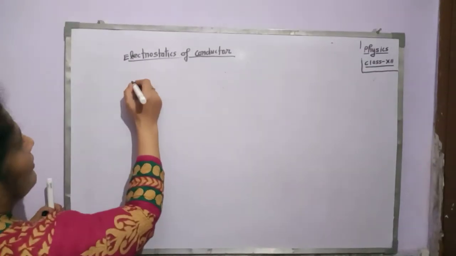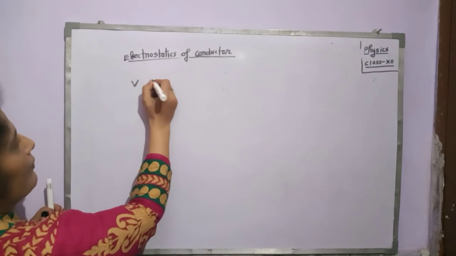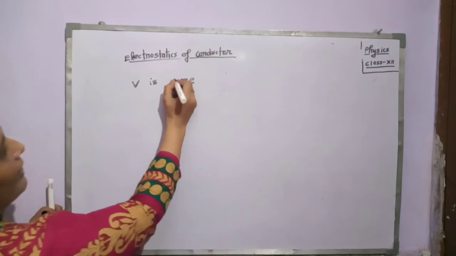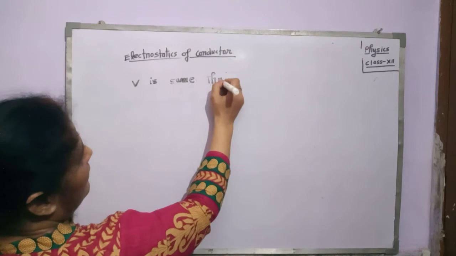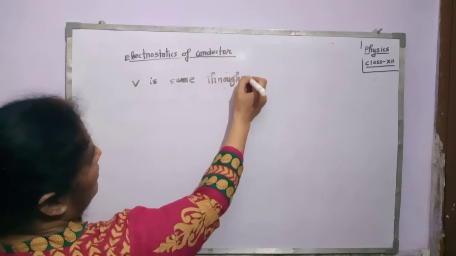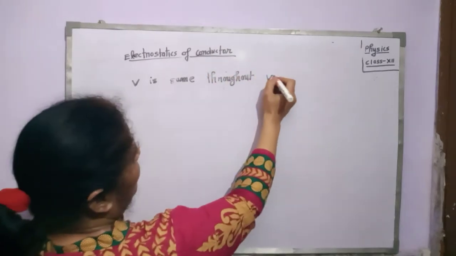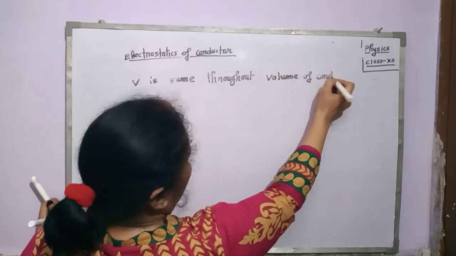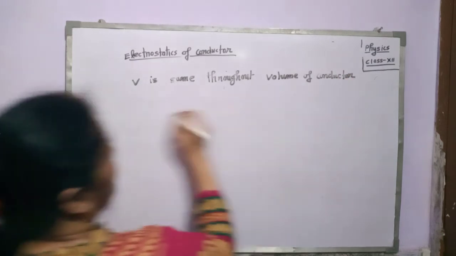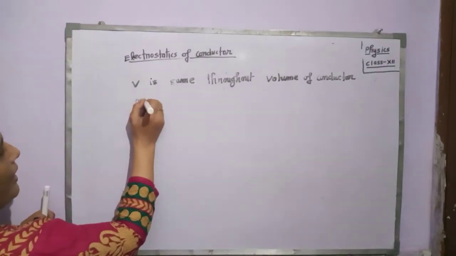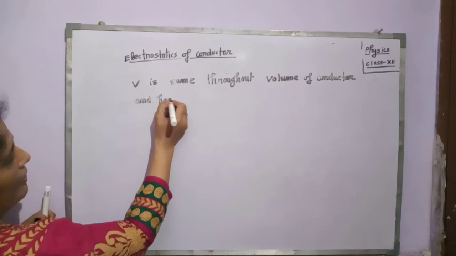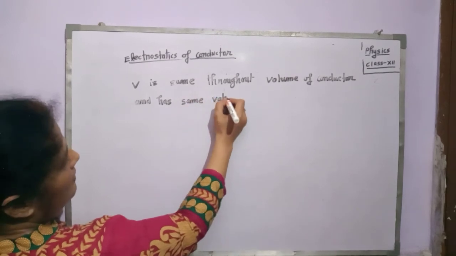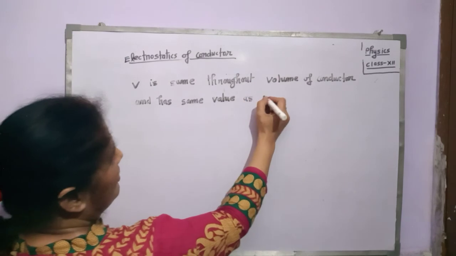The value of V is the same throughout the conductor, throughout the volume of the conductor, and has the same value as on its surface.